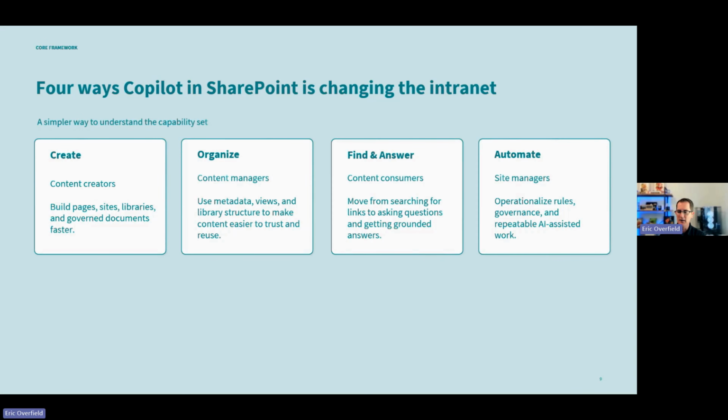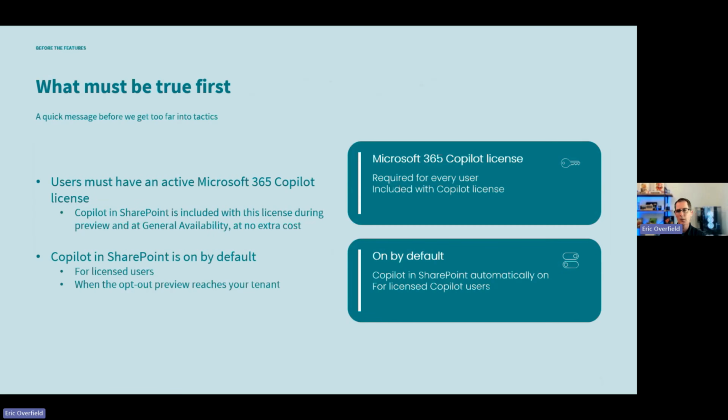And then finally, automate. Now, this is a big one for site managers. This is where you can create organizational rules and governance and repeatable AI-assisted work so that you can really enforce structure and compliance, which is a big one, where you don't have to worry so much about manual work. So together, these four pillars really make up what Copilot in SharePoint can do.